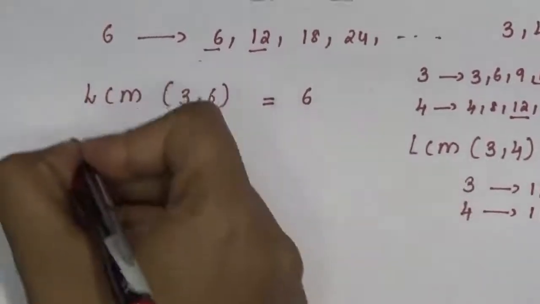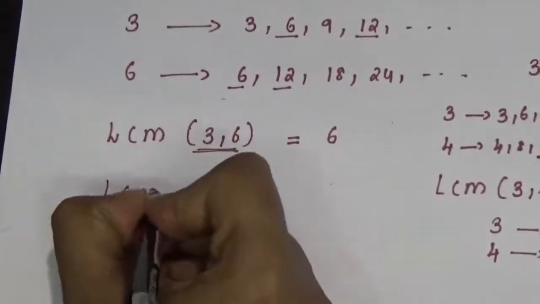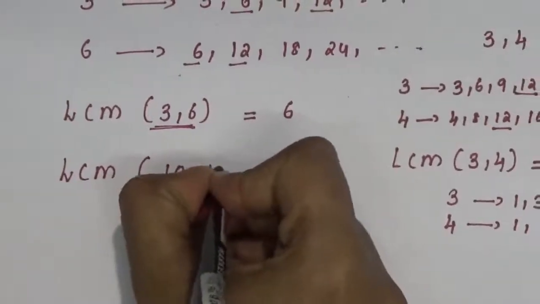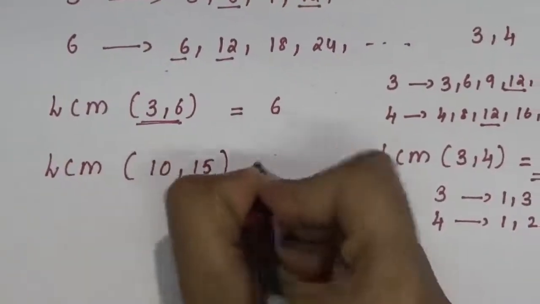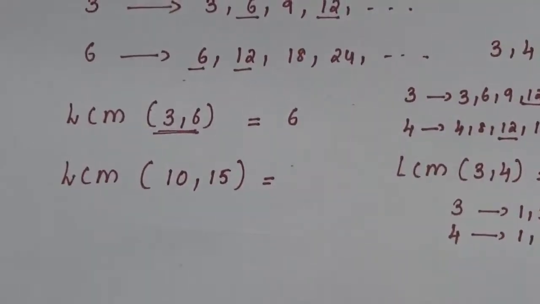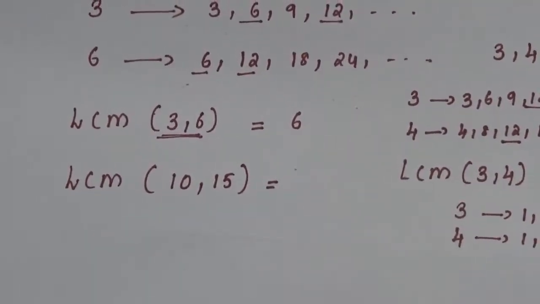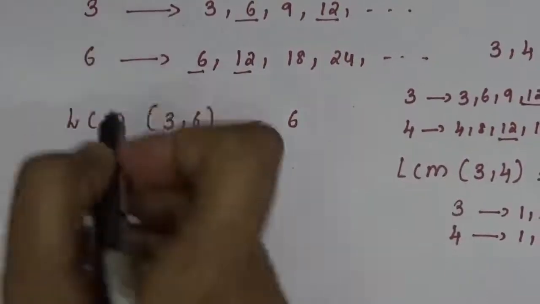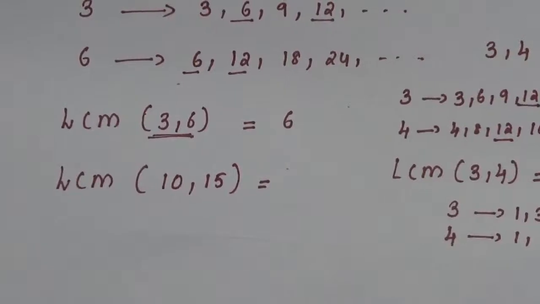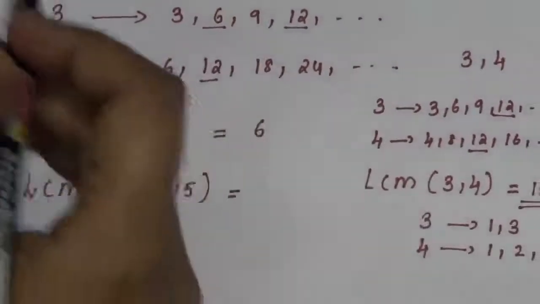Now can you say the LCM of the numbers 10 and 15? We write the multiples of 10 and the multiples of 15, so we will find the least common multiple.